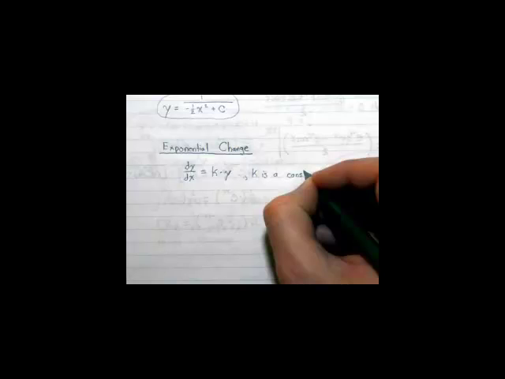So depending on the specific exponential that you're looking at, k could be lots of different stuff. But in general, their differential equations always end up looking like this. So why? Why is that always the case?